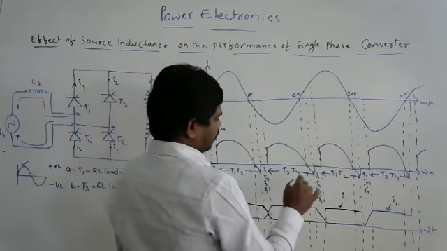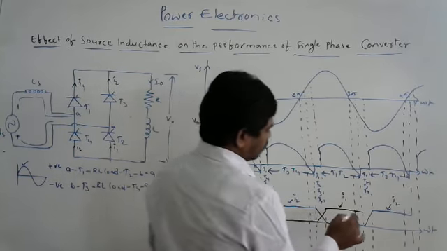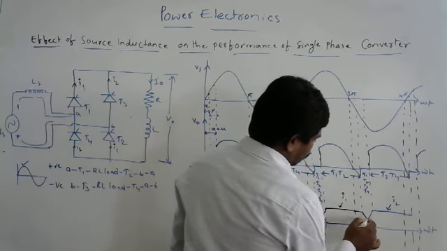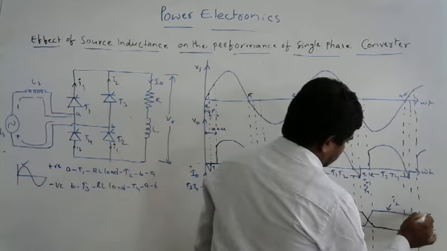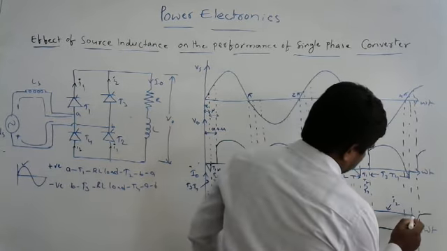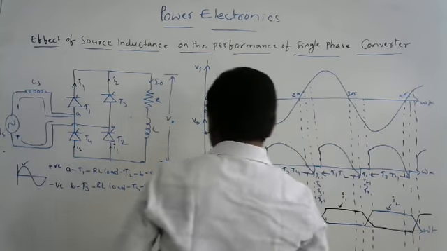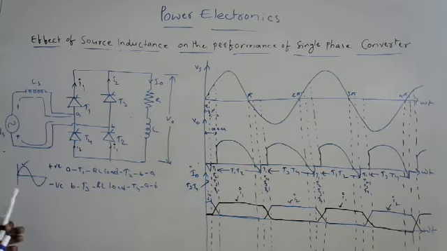After that, T1, T2 again become the incoming thyristors, getting more current. So this way the operation takes place. Am I clear? This is a very important current waveform.